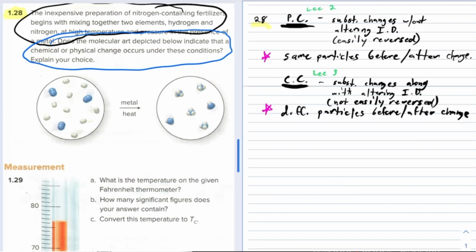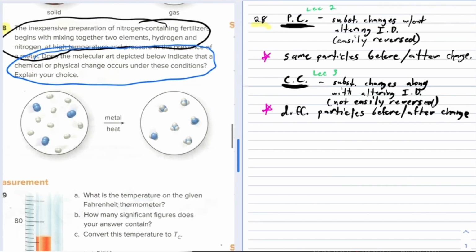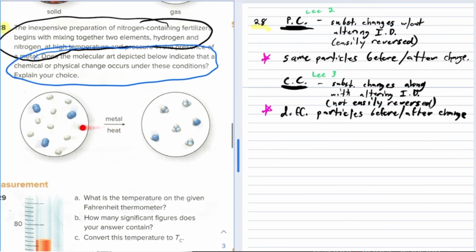So looking at the picture, which is describing this preparation of fertilizer, here's a picture of the material before and after the change. And here you see the particles are different before and after the change.